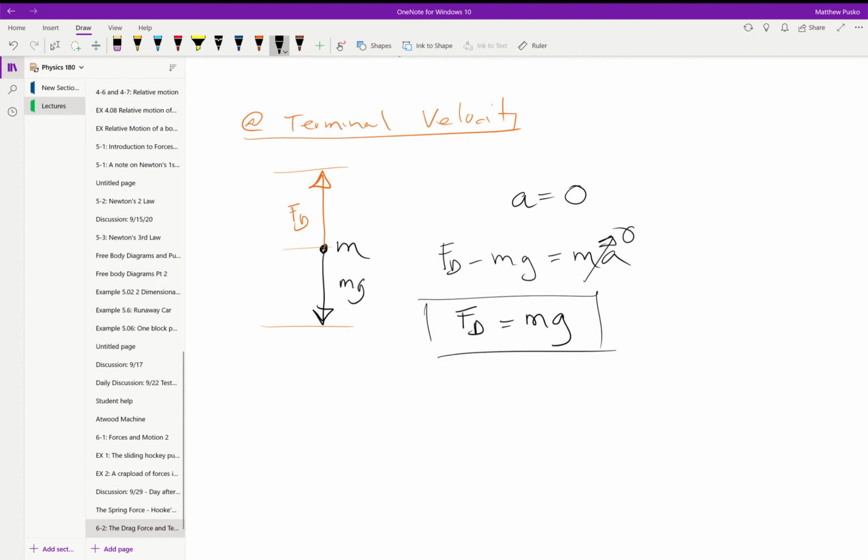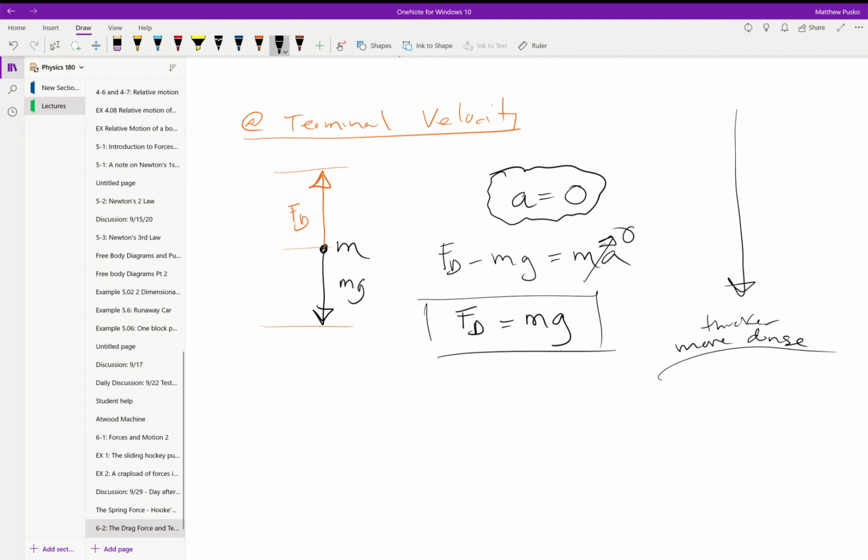So that is what terminal velocity is. The forces are balanced and the acceleration becomes 0. At that point, you're actually only going to go slower and slower, because as you approach Earth, the air gets thicker and thicker. It becomes more dense. So you'll actually lose speed as you get closer to Earth, just for that reason.